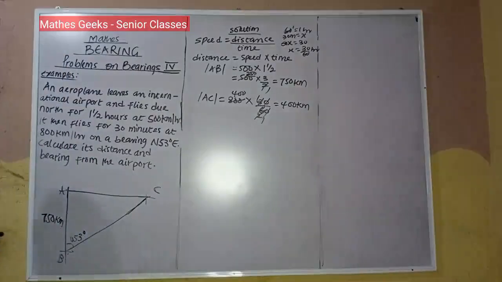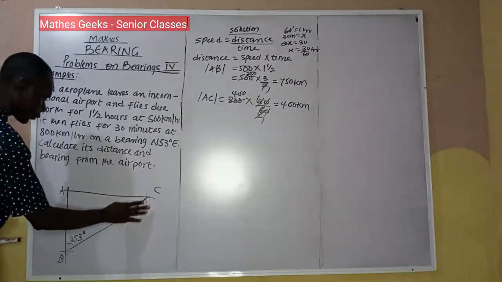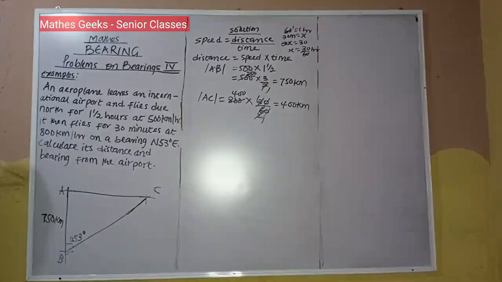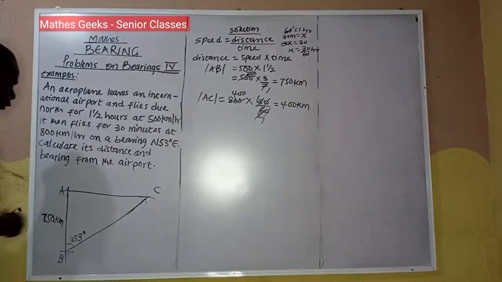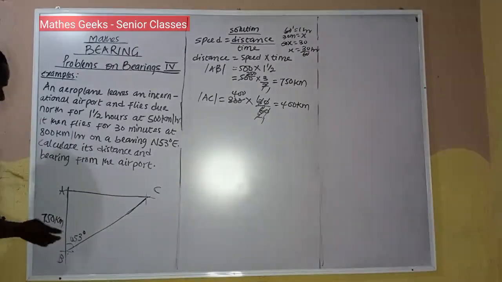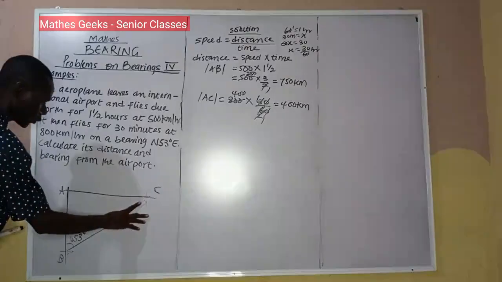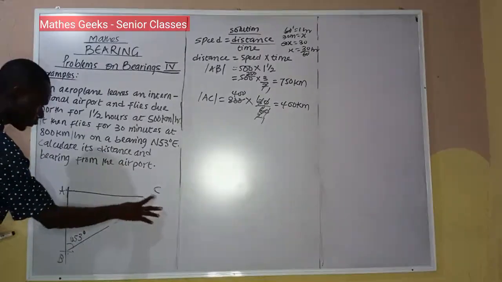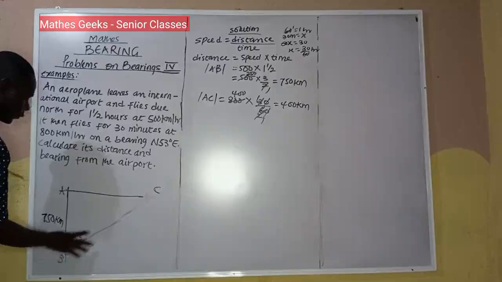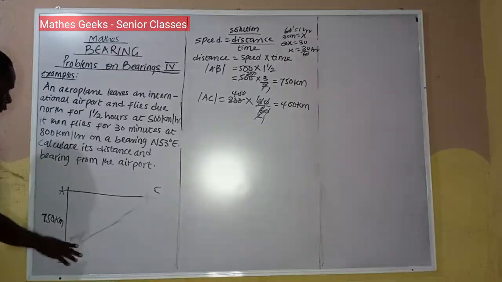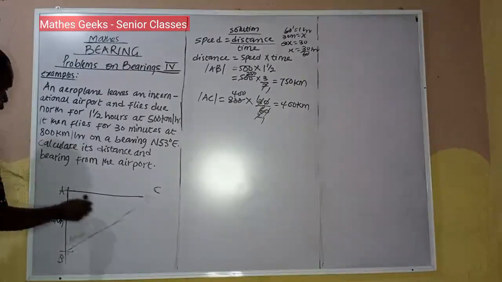So that means our shape will be different since this part is longer than this part. So I'm going to draw it again. Northward.